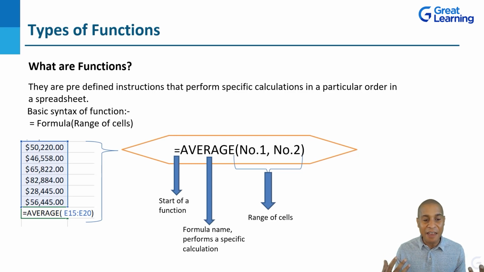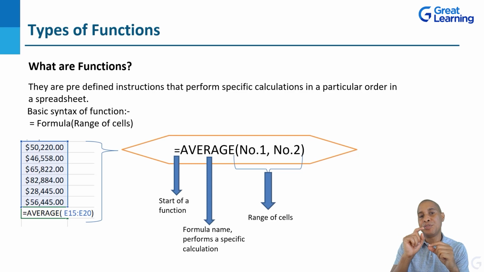So if we take the average, we know the average is going to be a collection of cells. And if we use this average function, we have average, which is a key start of the function. Then we have the formula name. But to initiate that function, you need to use equals. That will start your ability to cycle through the functions in Excel.